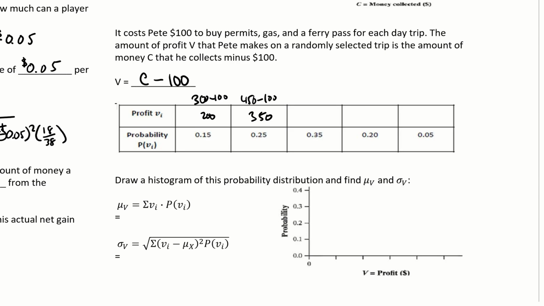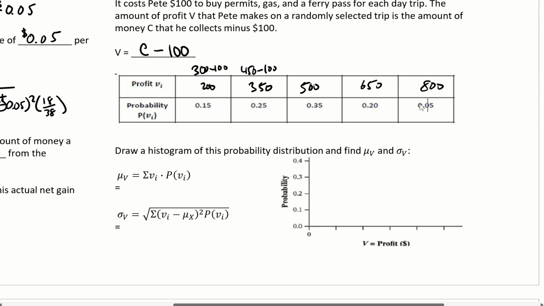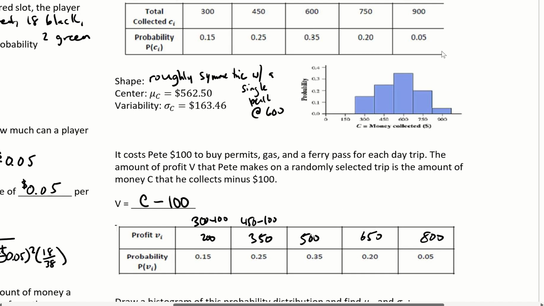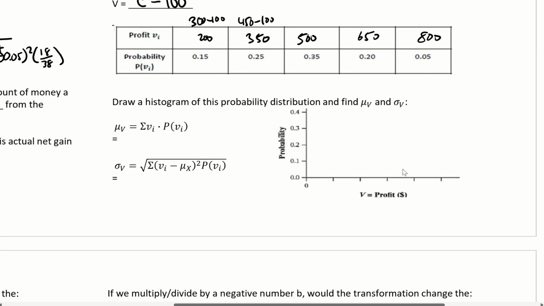The next one was 600 minus 100, which is 500, then 650, and we got 800. Then there's our probability straight from the table here. So that's our new probability distribution for the random variable V.